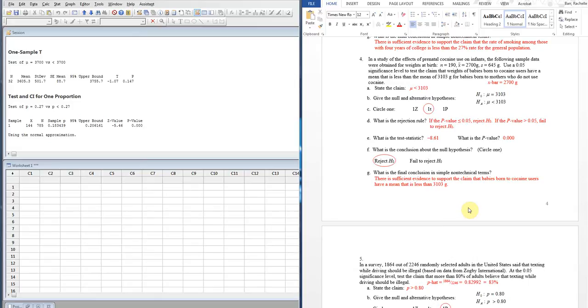Use a 5% significance level to test the claim that the weights of babies born to cocaine users have a mean that is less than the mean of 3,103 grams for babies born to mothers who don't use cocaine. I'm trying not to get sad about this. So our claim is that the mean weight is actually smaller for cocaine babies.